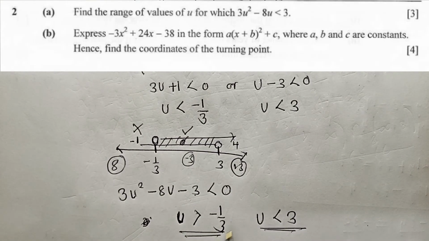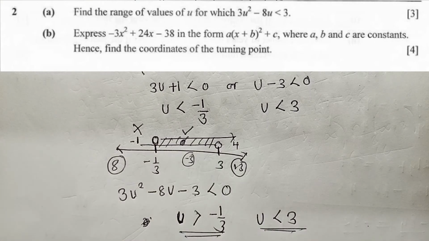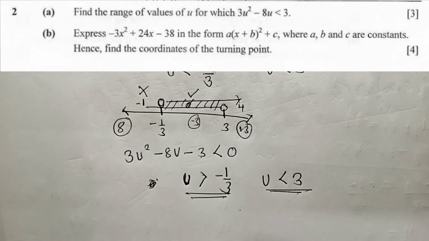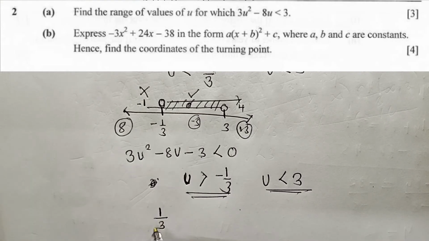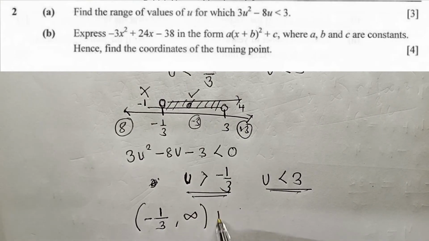We test it. If you write them like this, you might get your answer wrong. So here, if you can see, this one would have been wrong because it must be greater. If we say less, it will be wrong. Okay. So after doing that, you can keep these answers, or if you don't want to present your answers like this, you can write your answer like this, because this is the intersection.